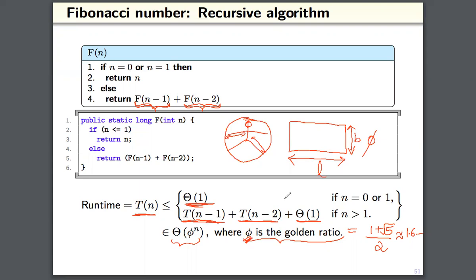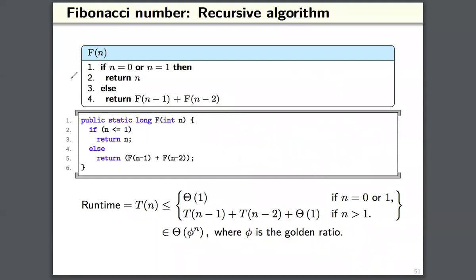People have tried to objectively measure beauty, and the golden ratio is one of the terms they use. Check this, it is a very interesting account. Anyway, this is a simple recursive algorithm.